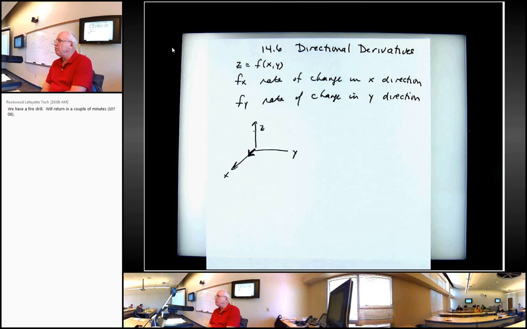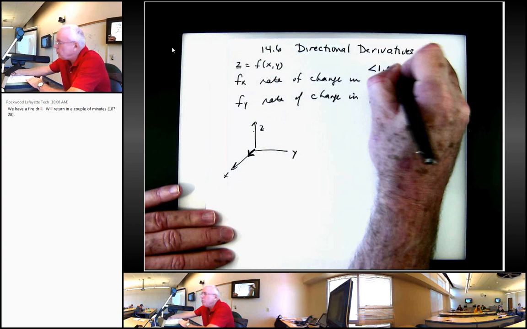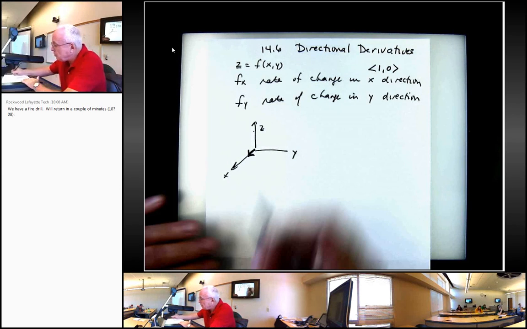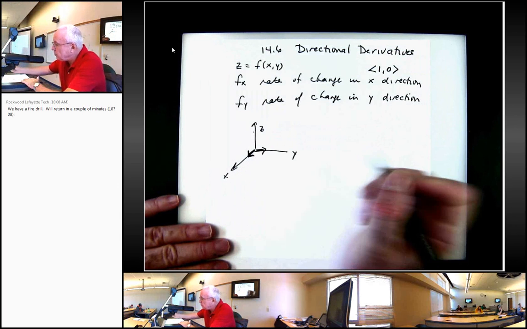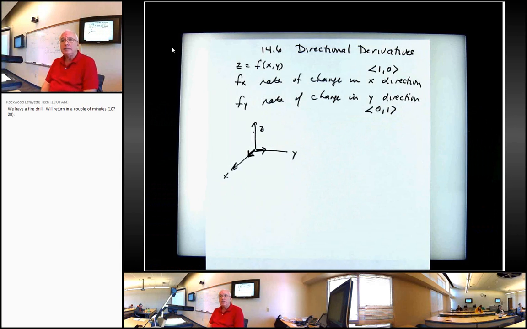Just looking at the x and y components, it's <1, 0>, right? So that's really the rate of change if we're pointing in the direction of that vector. And for the y direction, a unit vector going in the y direction is <0, 1>, so that would be the rate of change if we're pointing in the direction of that particular vector.